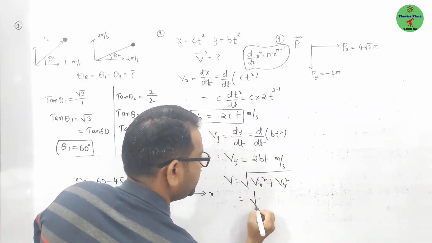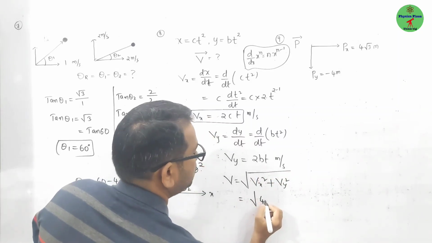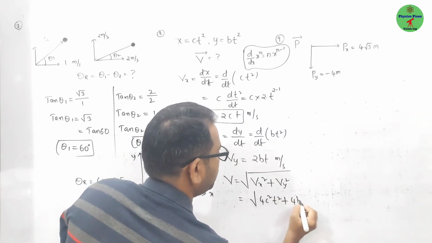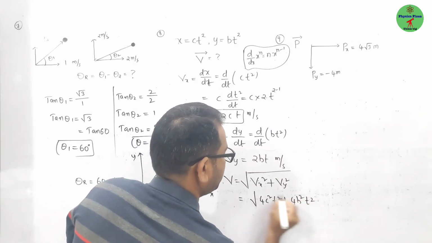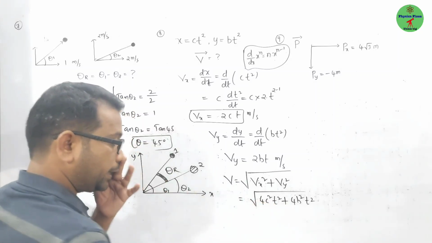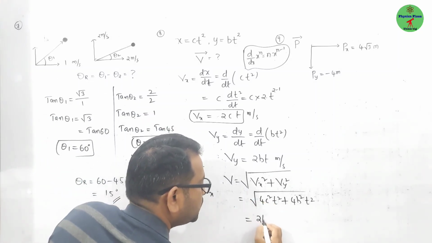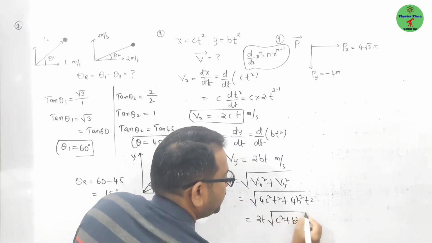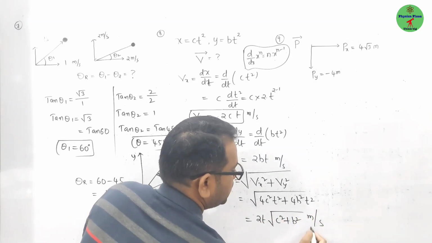So this is going to be 4c square t square plus 4b square t square. So 4t square you can take as common, so that it becomes 2t times square root of c square plus b square meter per second.